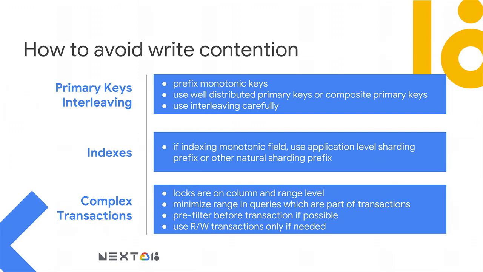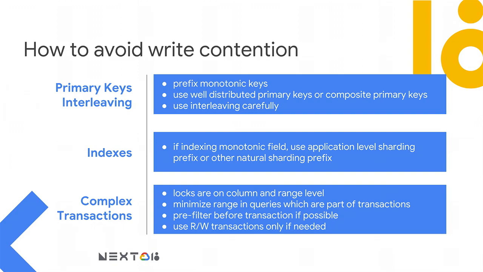Another thing is be careful with interleaving. So interleaving can be powerful. Interleaving is a technique where you basically make sure that the data lives on the same split as the parent table. So you interleave it in the parent table. They have to share the same primary key in the beginning, so the same primary key prefix. And then it is interleaved and stored on the same split as your parent row.